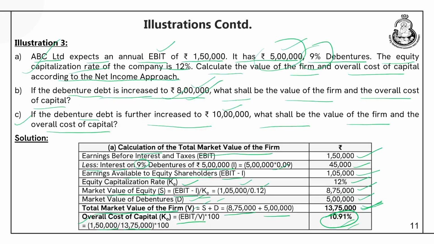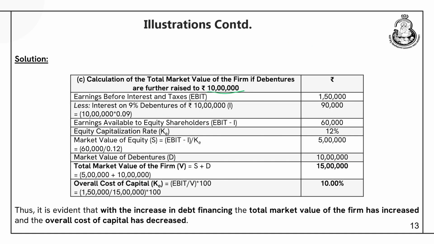Now, let us move to the third and final part, when you are increasing the debt further to rupees 10 lakhs, right, the last part. So, EBIT is the same as 1,50,000. Now, you have a debenture of 10 lakhs at the rate of 9%. Again, remember the assumption, risk perception of debenture holders is not changing with the increase in proportion of debt, it remains at 9%, so interest is 90,000.